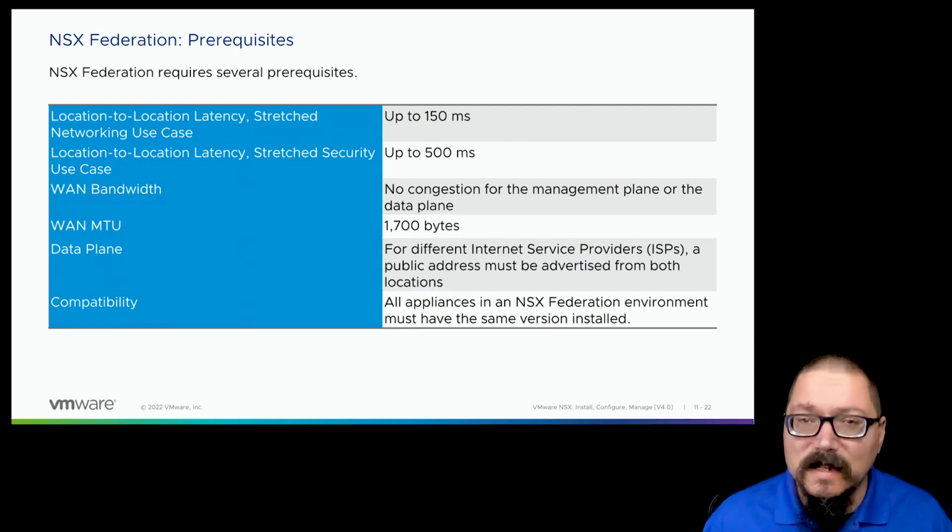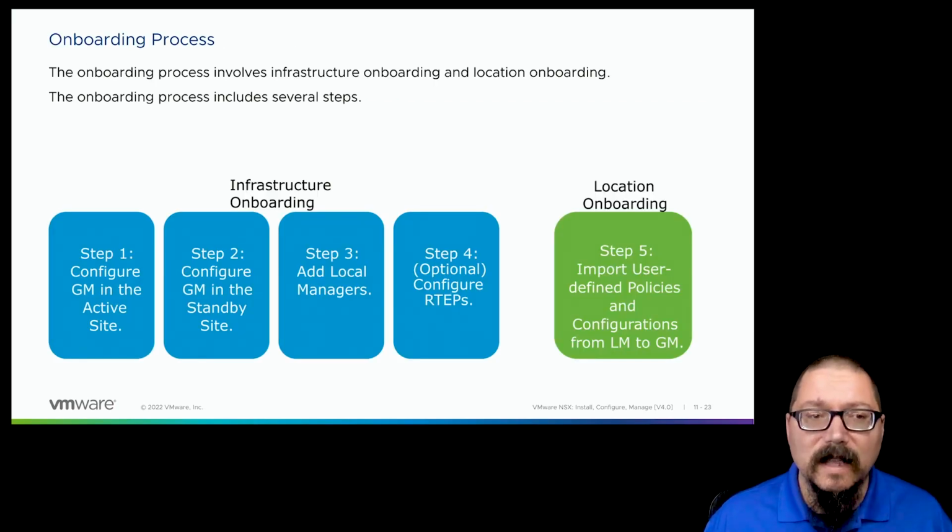And even if we're just getting into this, I need to make sure that all of my locations are on the same version now, right? If I'm on 4.0.1, then all of my locations need to be 4.0.1 before I bring them all into federation. So we've got to think about versioning. There are a number of things just to watch for as we are looking at this.